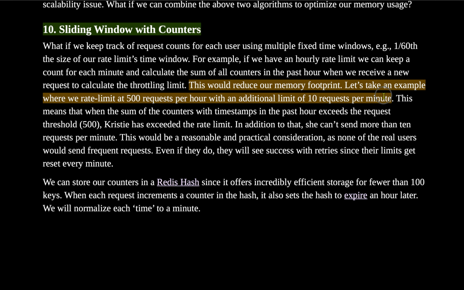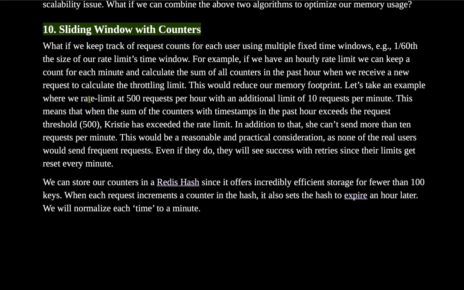This would reduce our memory footprint. Let's take an example where we rate limit 500 requests per hour, with an additional limit of 10 requests per minute. This means that when the sum of counters with the timestamps in the past hour exceeds the request threshold, Christine has exceeded the rate limit.